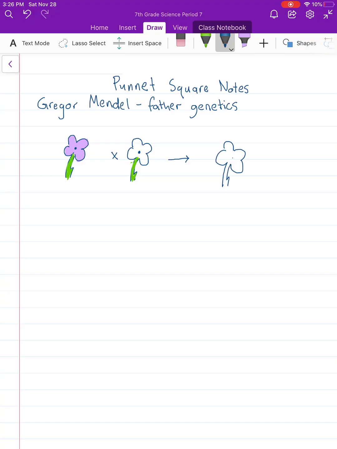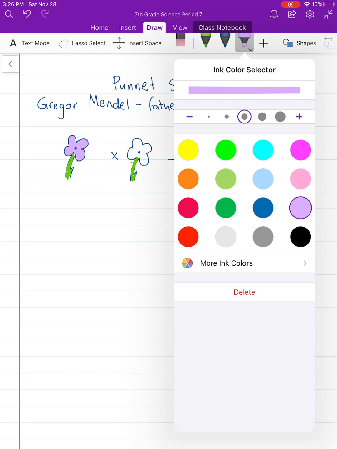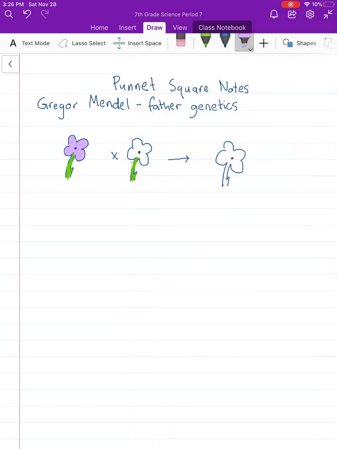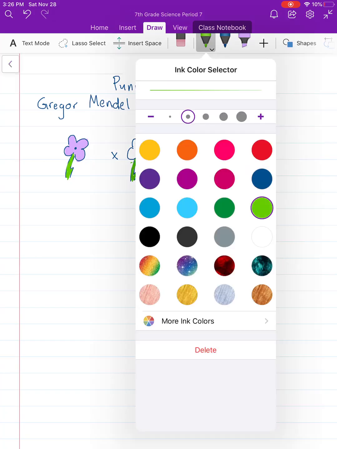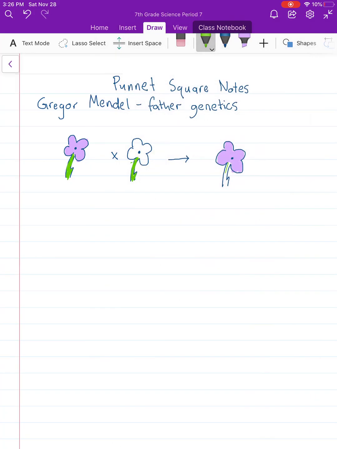Go ahead and draw that out. The next generation, he got 100% purple flower color. I like to draw it out so we remember it well. Purple crossed with white yields 100% purple.